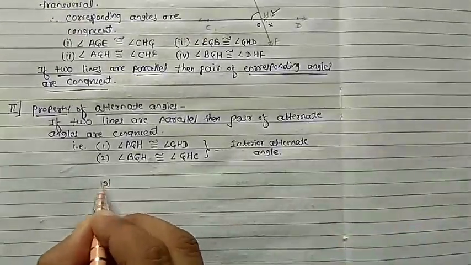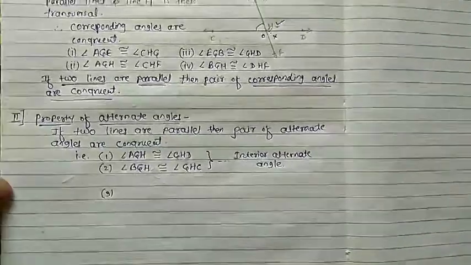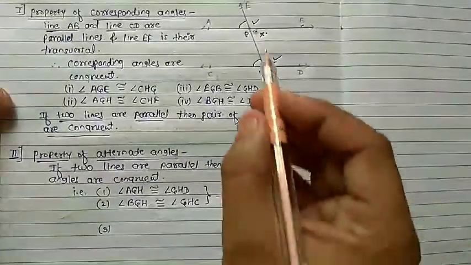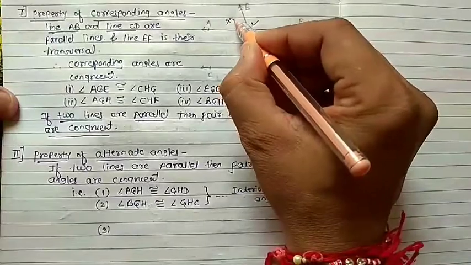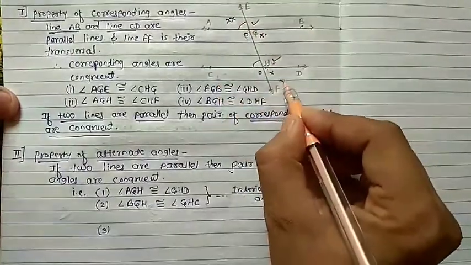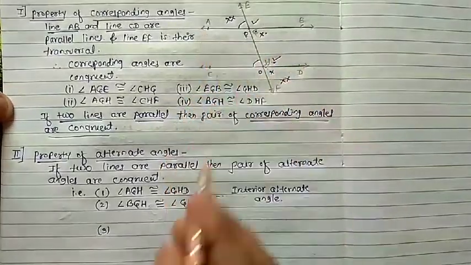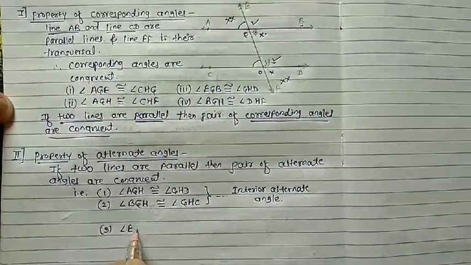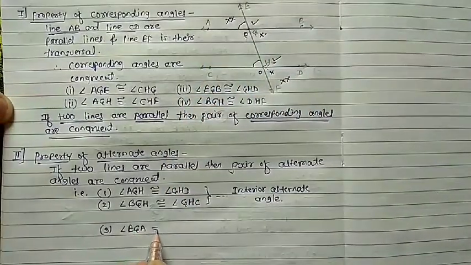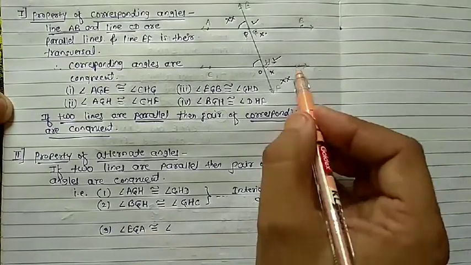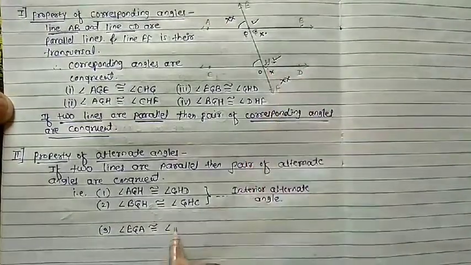Now similarly we will get exterior alternate angles. Observe these angles in the figure, this one and this one. Angle EGA is also congruent to angle DHF.